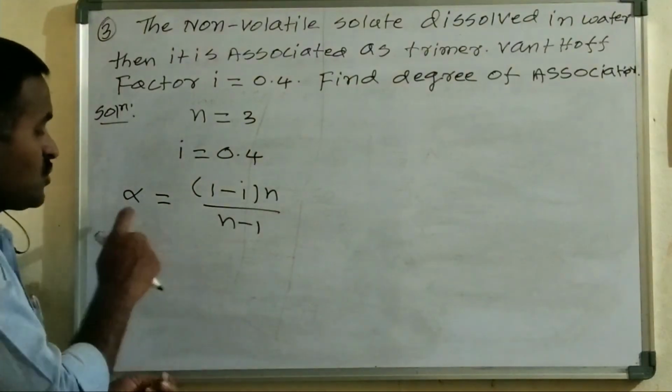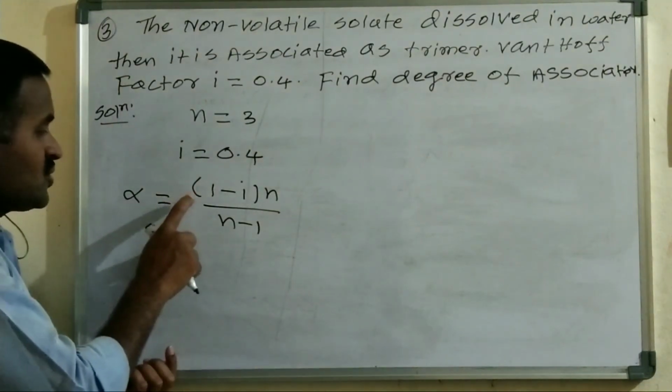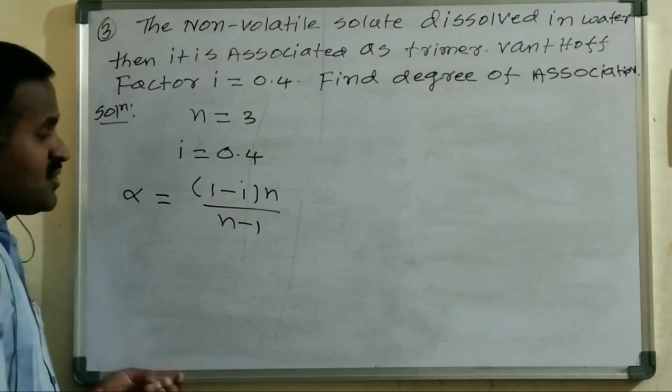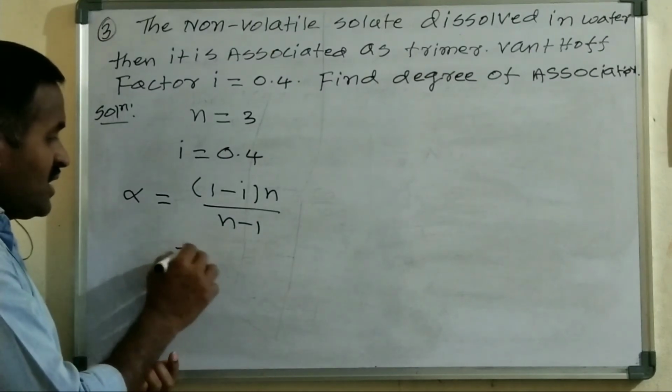The degree of association formula is alpha equal to (1 minus i) into n divided by (n minus 1).